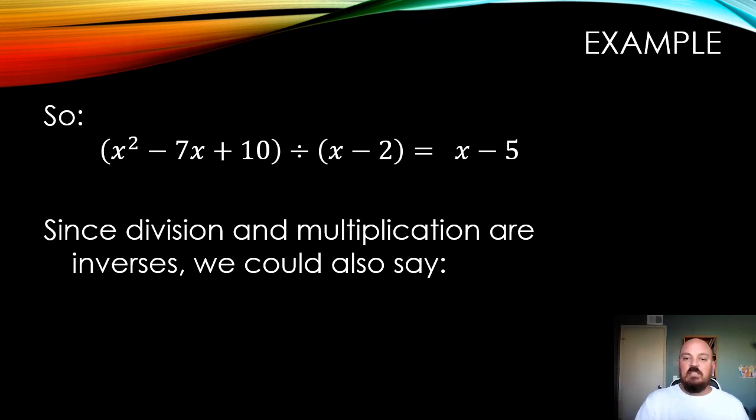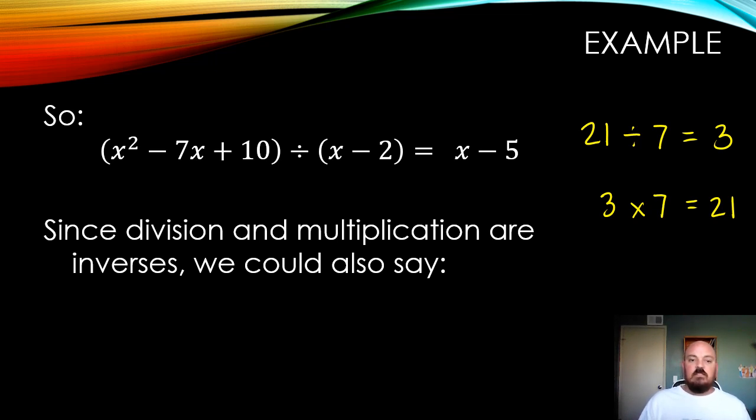If I make up a quick division problem, something like 21 divided by 7 equals 3. That's true. 21 divided by 7 does equal 3. But if I wanted to flip that around, what I could do is work it backwards. I could say 3 times 7 equals 21, which is also true.